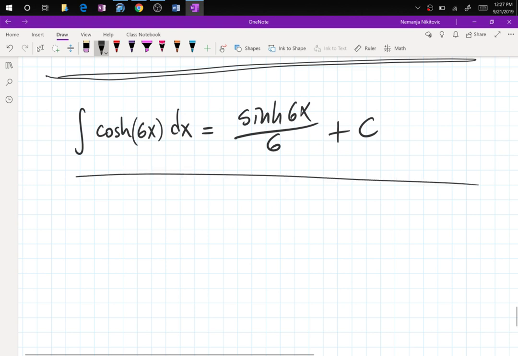All right, let's see a little bit spicier over here. How about integral of sine hyperbolic to the 93 of x cosine hyperbolic x dx? What should we do there?